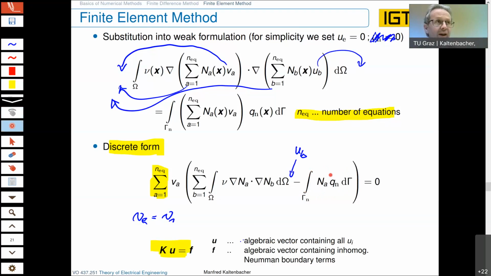So you see, we already have our system of equations, which we just have to solve, and then we get a solution vector U collecting the solution at all the finite element nodes, where we did not know before our physical quantity U, the scalar electric potential, for example. Okay, so this is everything.